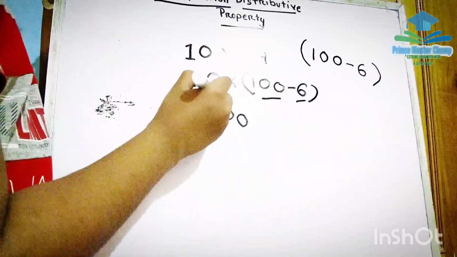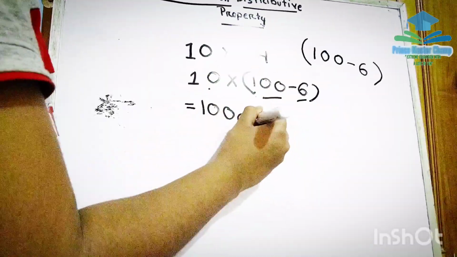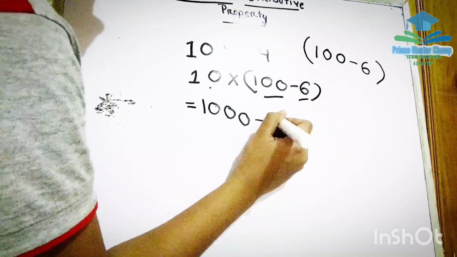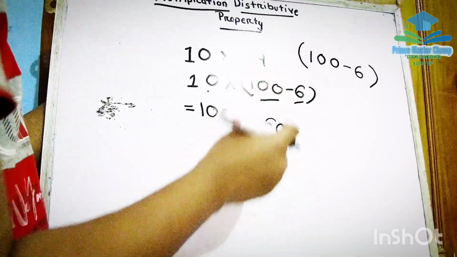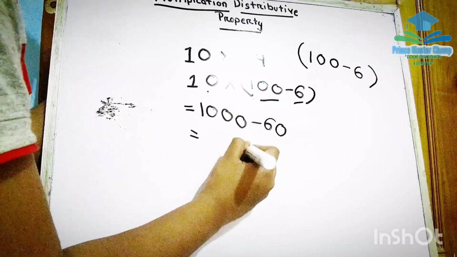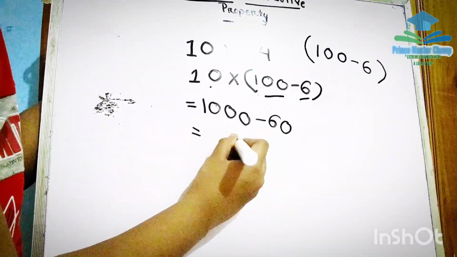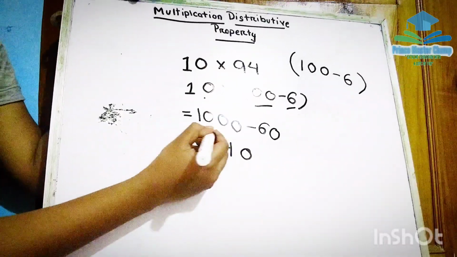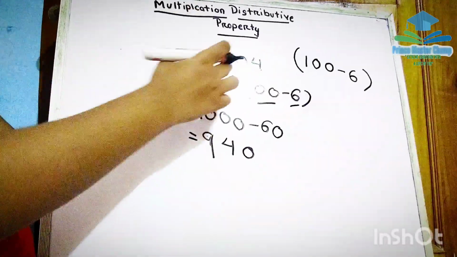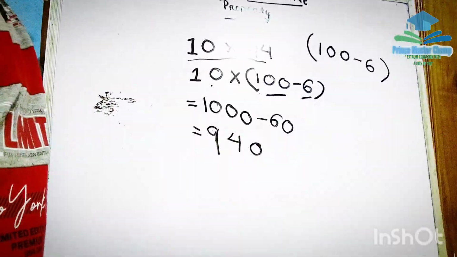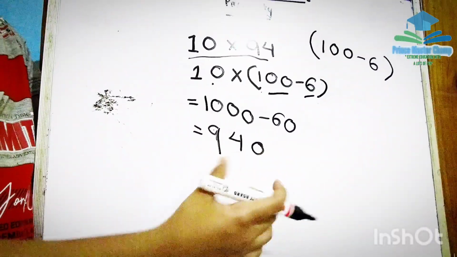Then when we multiply 10 with 6, we get 60. Now we subtract this value, and this is the answer that we get. When you solve the equation the other way, you also get the same answer.